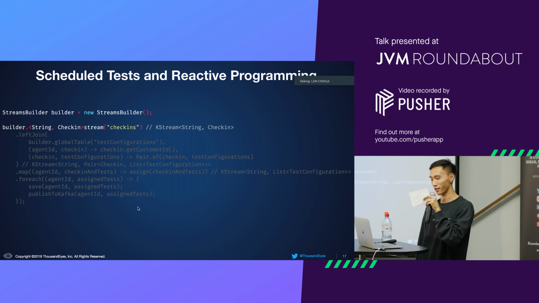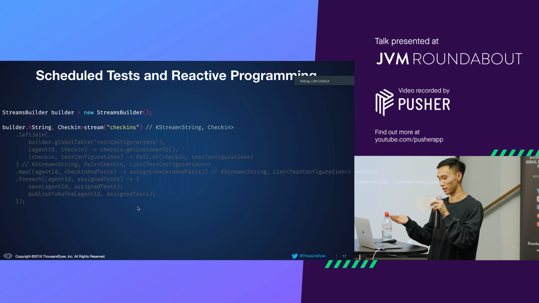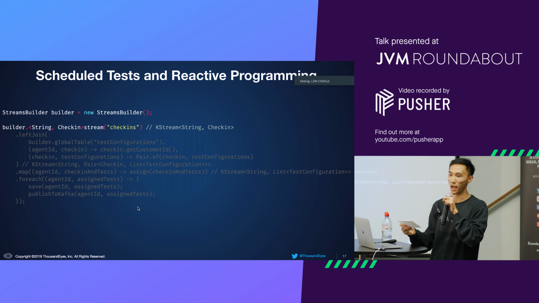This returns an object called a KStream, and it basically tells the application to start listening to the Kafka topic called check-ins. The API of the KStream object is very similar to the RxJava Observable or the Flux reactor or even the Java 8 stream for that matter. So it's a generic stream processing API that you get to use. It has stuff like map, group by, reduce, etc.